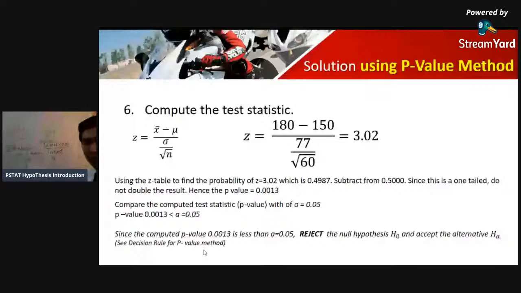So just try to analyze it. Decimals are quite important in solving, but first check the probability or the chances of whether you get a lower value or a greater value than your alpha. So that's your p-value method.